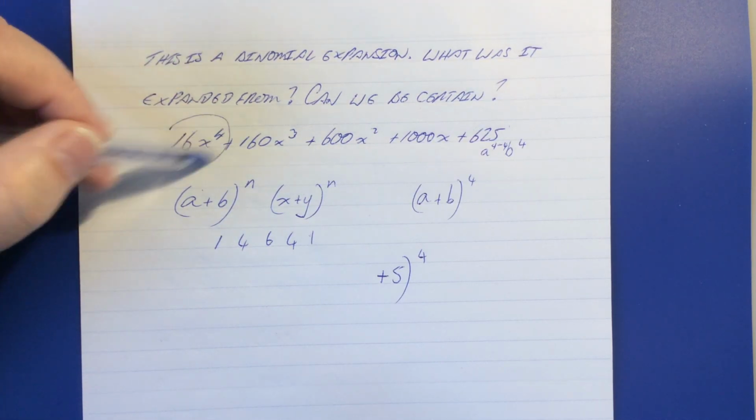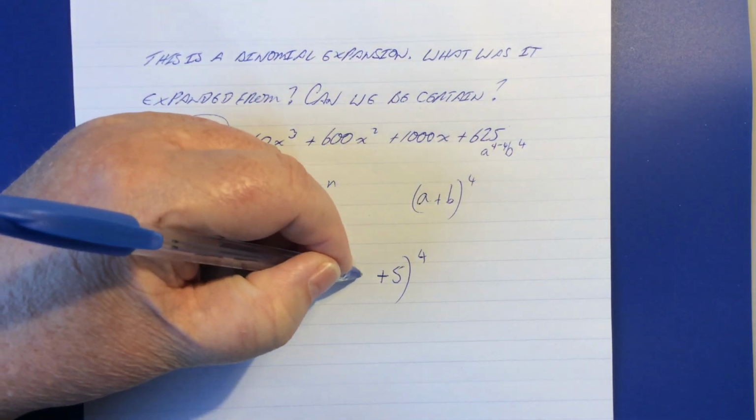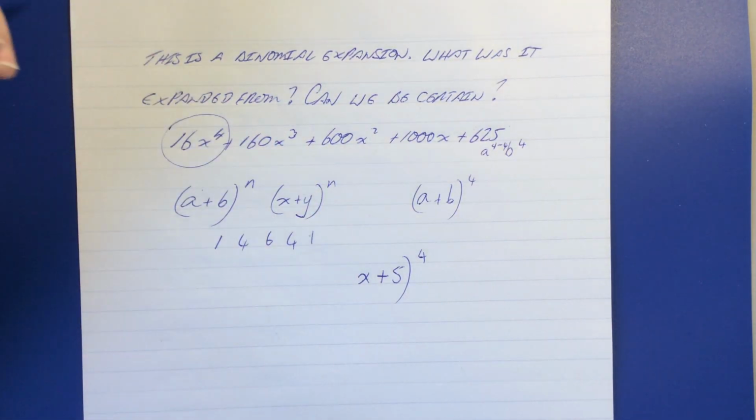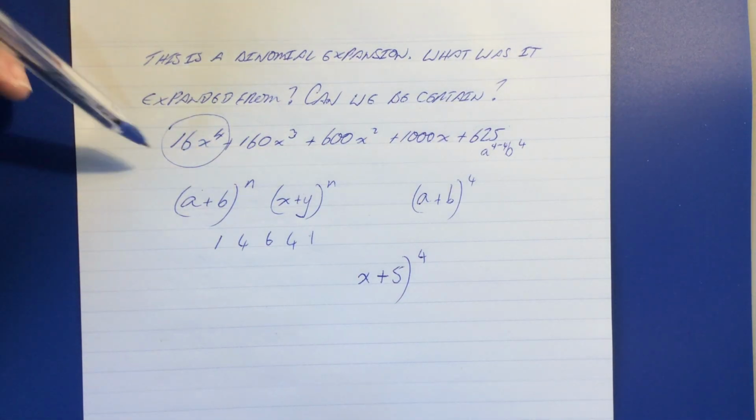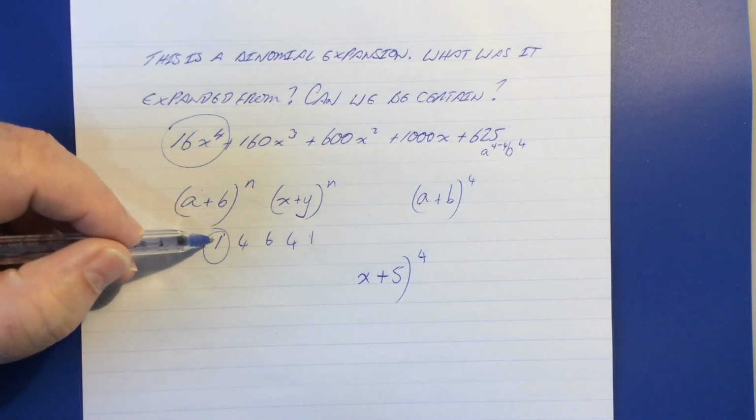Now over here we have x to the power of 4, so it's a reasonable bet that x features, so x to the power of 4. But we have 16. Our basic coefficient here is 1.